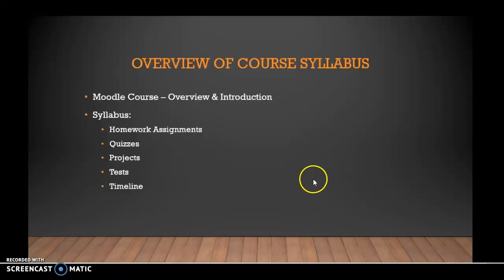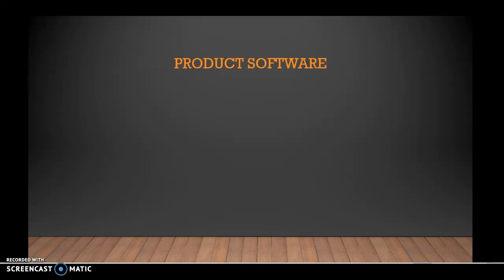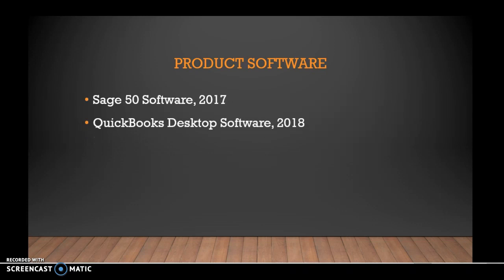Okay, let's go back to the PowerPoint now. Let's just talk a little bit about these different software packages. You will note that we are covering 3 different packages. There are 2 textbooks associated with the class. The first textbook is related to Sage 50.